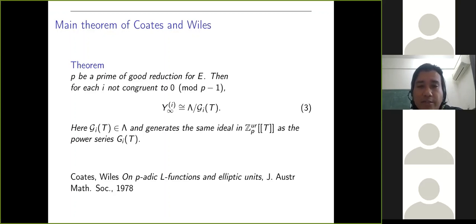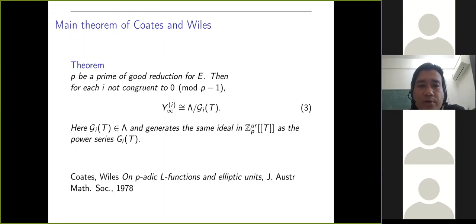this isomorphism. Y infinity i is isomorphic to Lambda mod g_i of T. Okay, so g_i of T is a new power series, and it's related to the one which was constructed by Manin, Vishik, and then Katz, just with a difference in some coefficients, but up to those coefficients one can have this isomorphism.